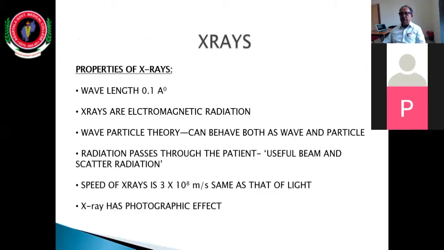When the radiation passes through the patient or the object, the useful beam passes through the object and there is also some scattered radiation. Speed of X-ray is 3 into 10 to the power 8 meters per second, almost the same as light. It has the photographic effect.